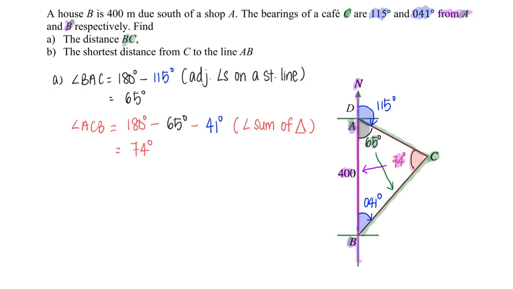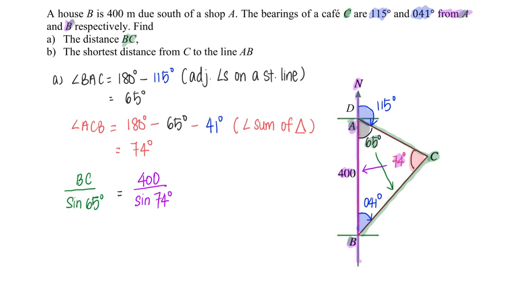Since we are going to find the length, I'm going to apply my sine rule: BC over sine 65 degrees is equal to 400 over sine 74 degrees. And from here, I would be able to get my BC easily.